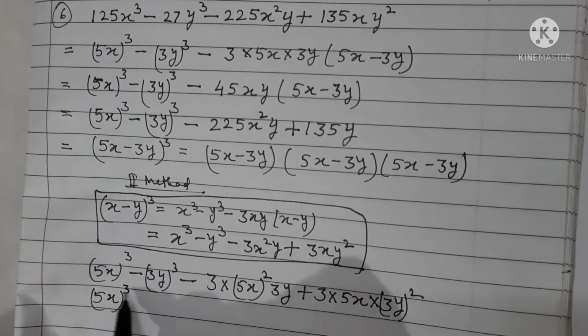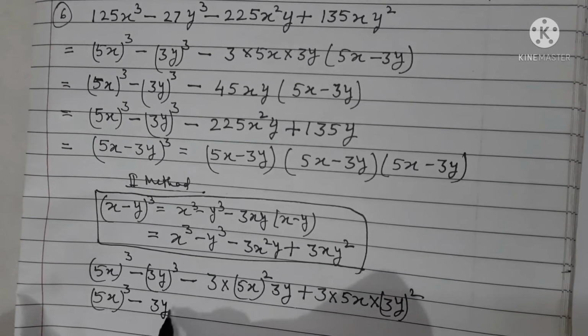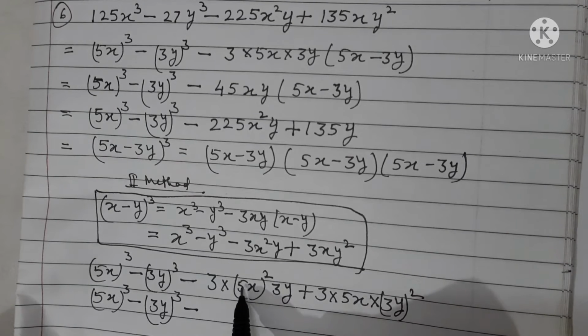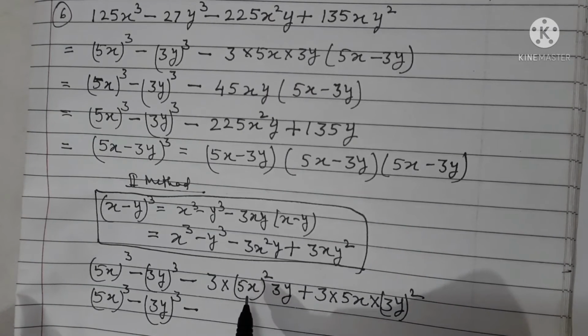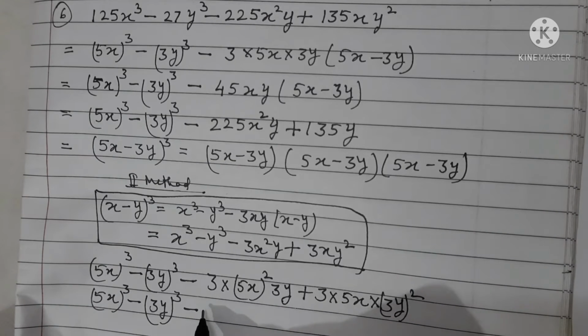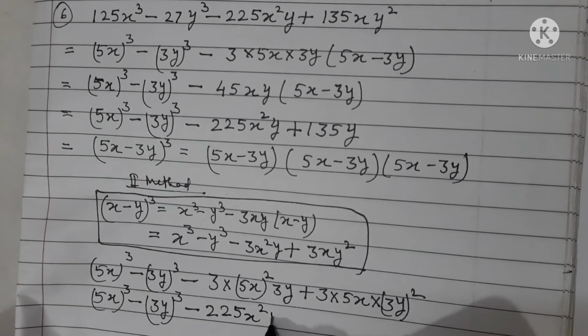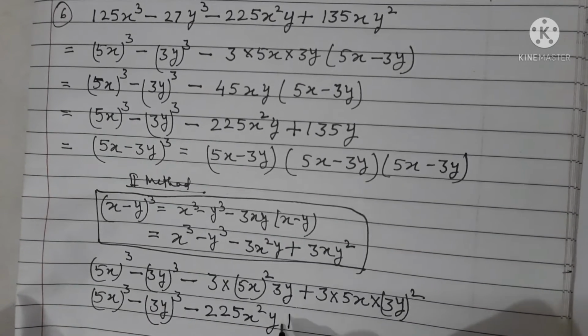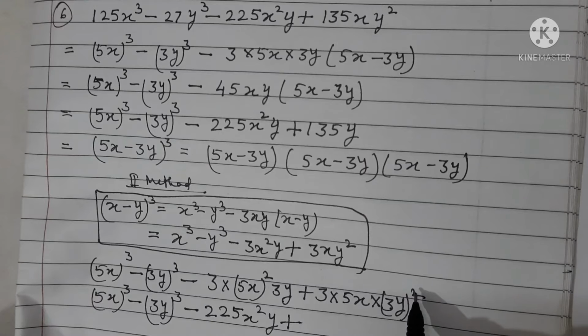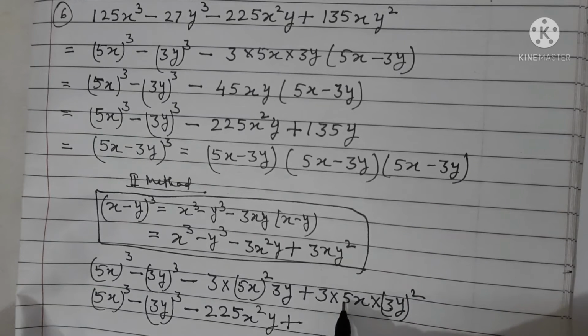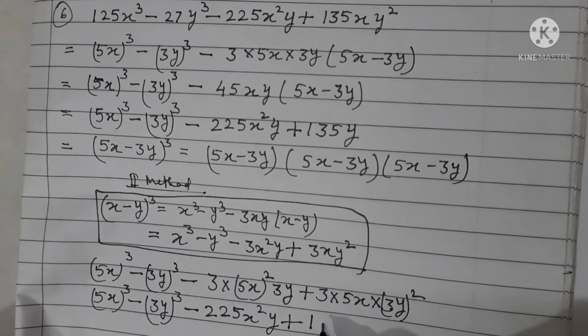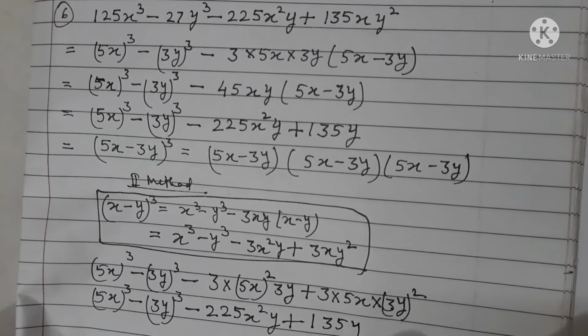5x whole cube minus 3y whole cube minus 5 5s are 25 and 3 3s are 9. So 9 into 25, 225 x square y plus, here 3 3s are 9, 9 5s are 45, 45 3s are 135, 135 y.